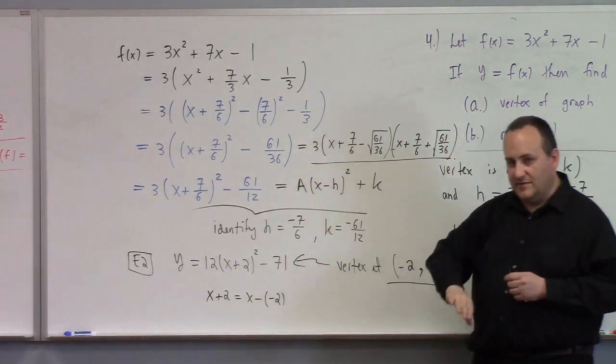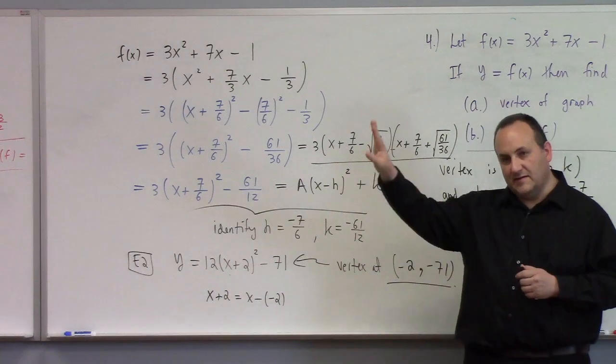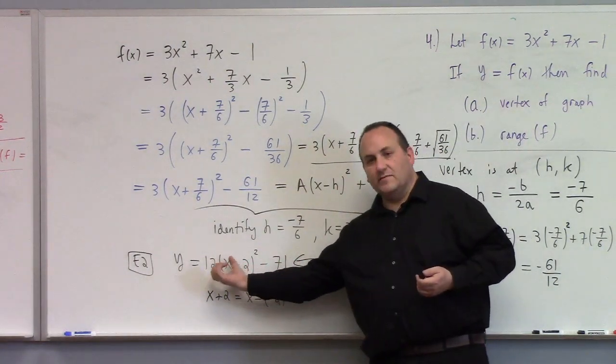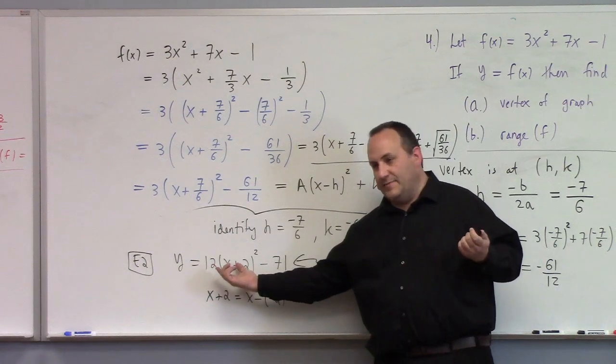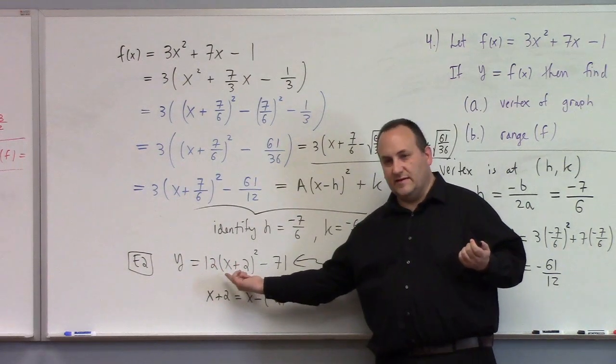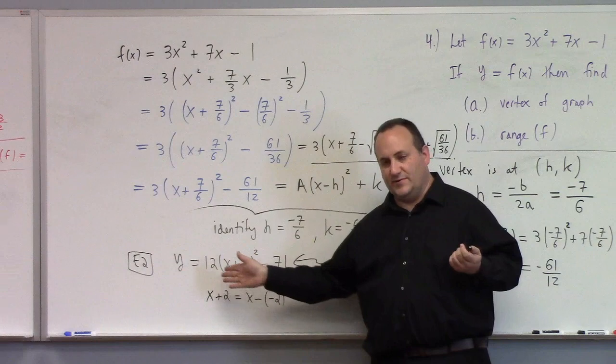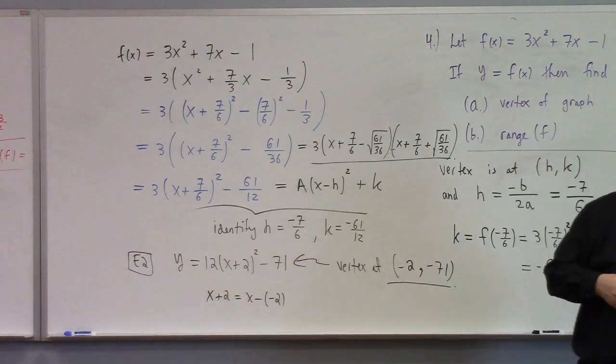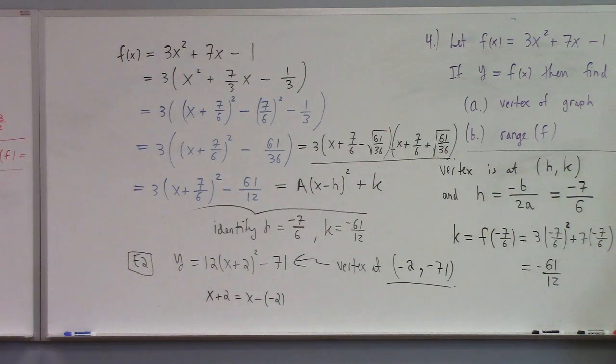It's either at the top of the mountain or the bottom of the valley. It's going to be what makes the squared term be 0. So whatever it takes to make that happen, if it's x plus 2, it takes minus 2, right? If it was x minus 13 here, you'd have to put x equal to 13. So I think that's what you're saying, but yeah.